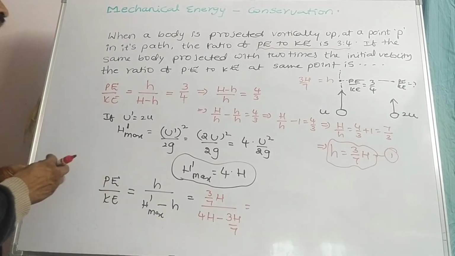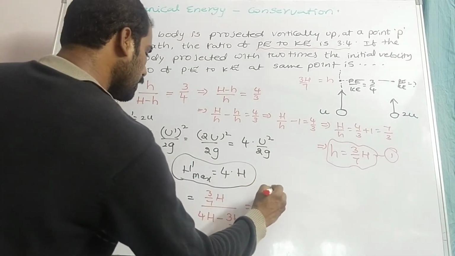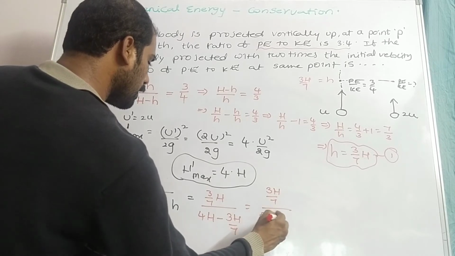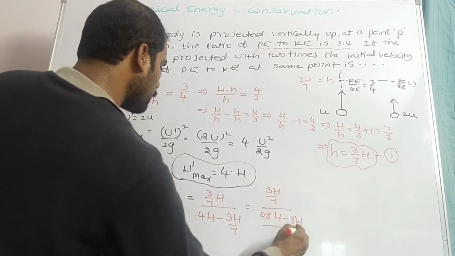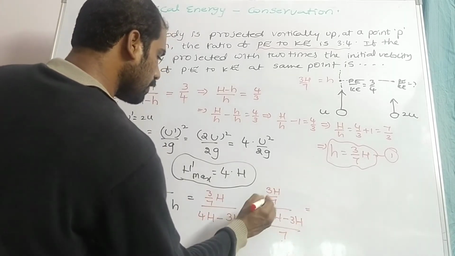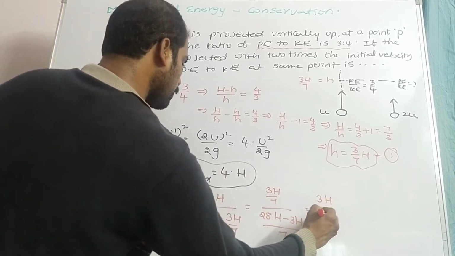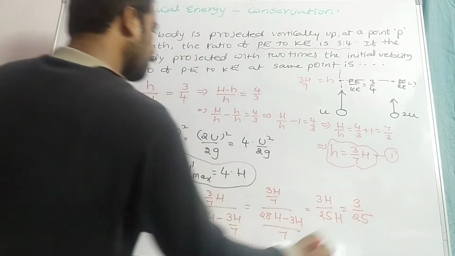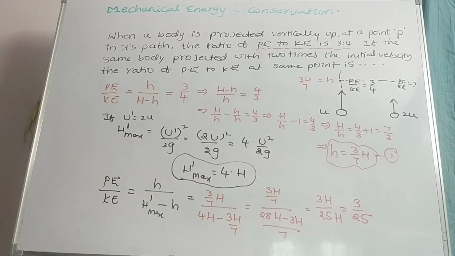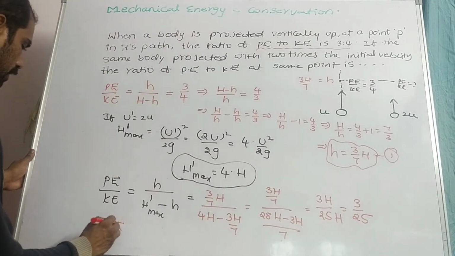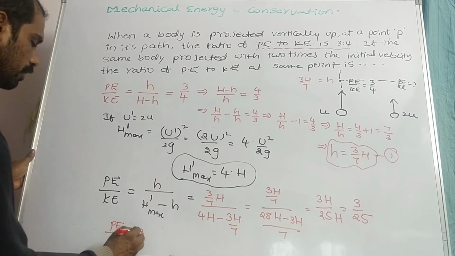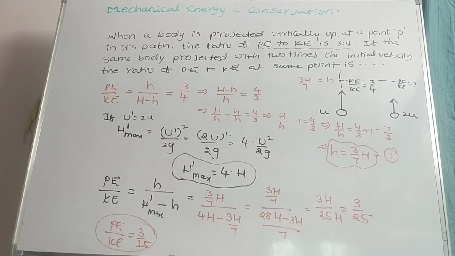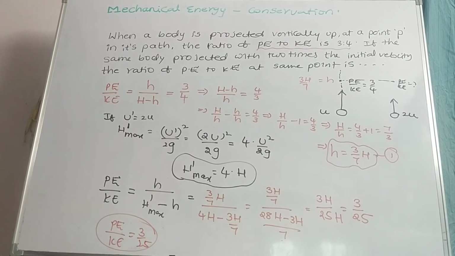Taking LCM, that equals 3H by 7 over 28H minus 3H by 7, the 7 gets cancelled. So 3H by 25H, so the ratio will be 3:25. Potential energy by kinetic energy is equal to 3 by 25.